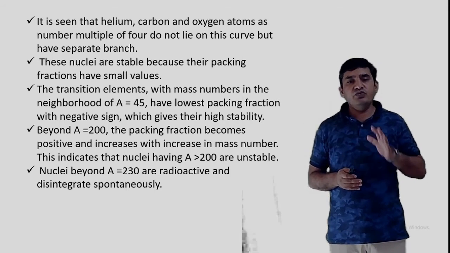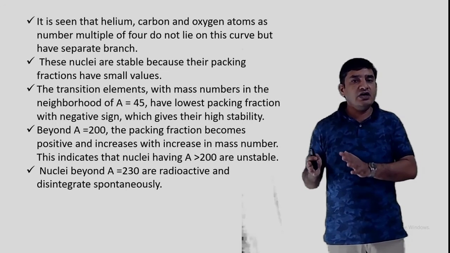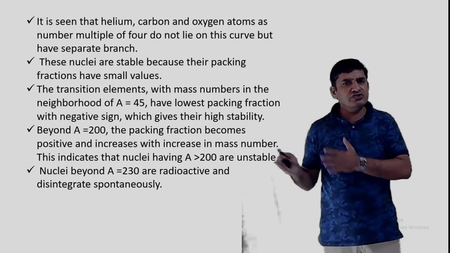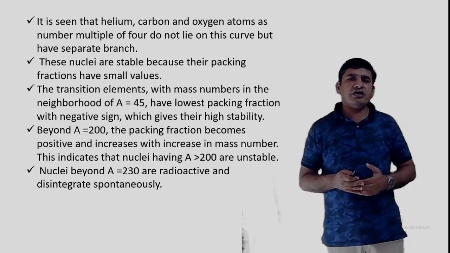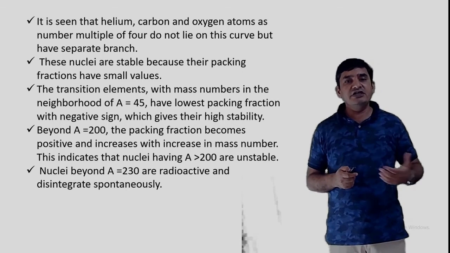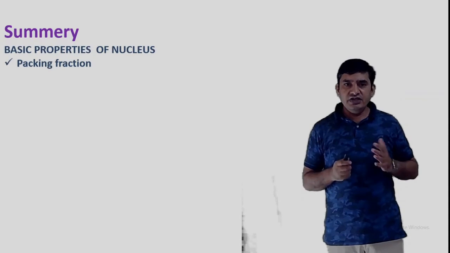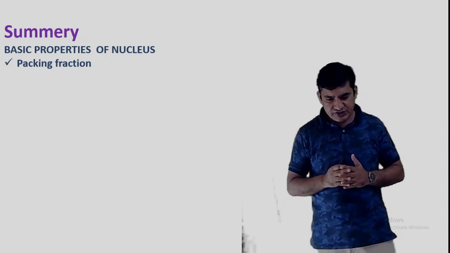So for elements with mass number greater than 230, uranium 238 is of course a radioactive element which emits alpha, beta and gamma radiations. So in this lecture we discuss packing fraction.